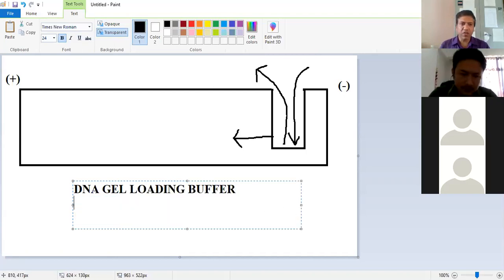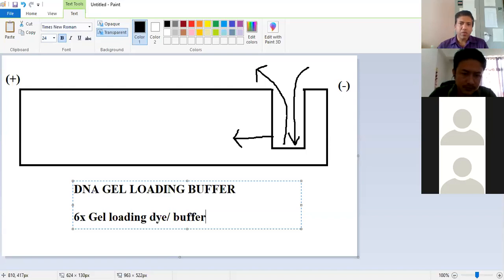So specifically, we call it 6x gel loading dye, or sometimes we call it buffer. So 6x means we understand that it is for DNA only.